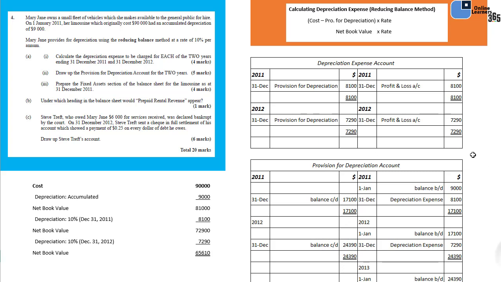So there you have it, the provision for depreciation account for limousine for 2011 and 2012, with the balance being transferred to the start of 2013. Thank you.